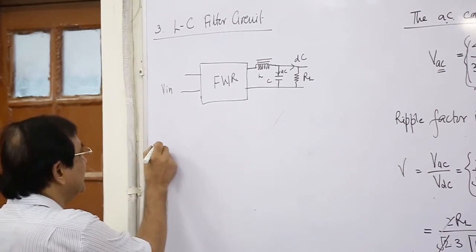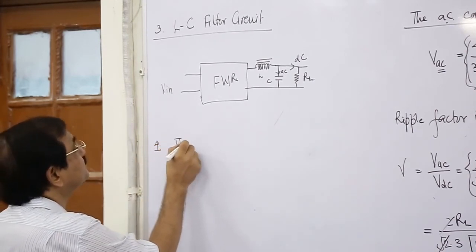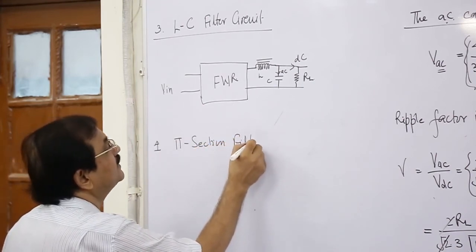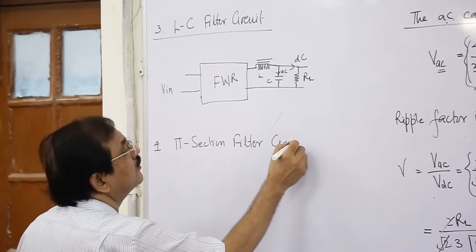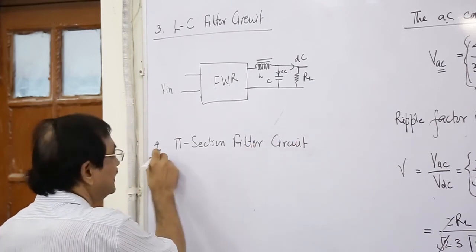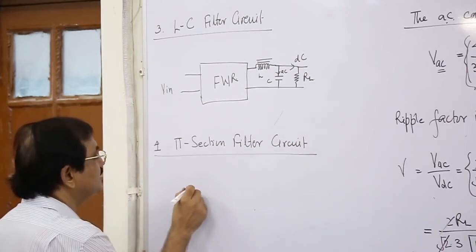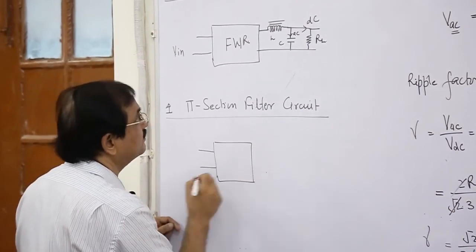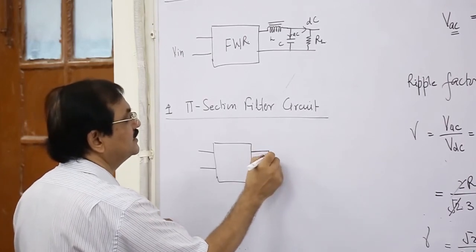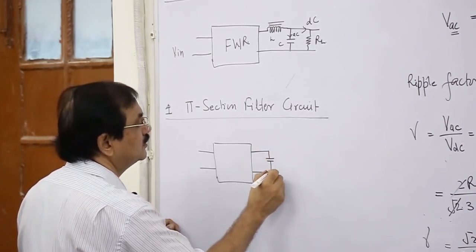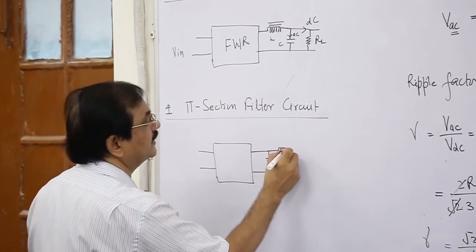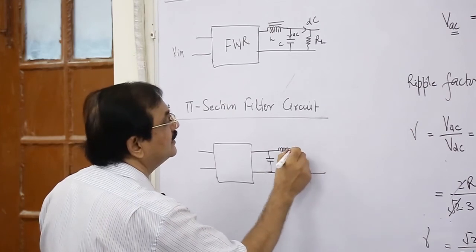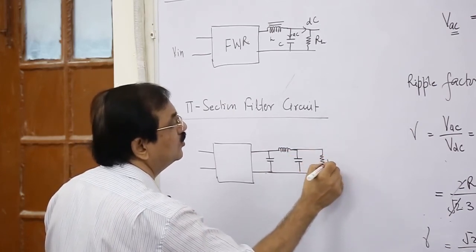The fourth circuit is the pi section filter circuit. So this is the pi circuit, and here it is the capacitor, then there is an inductor, then again a capacitor, and then it is the load RL.